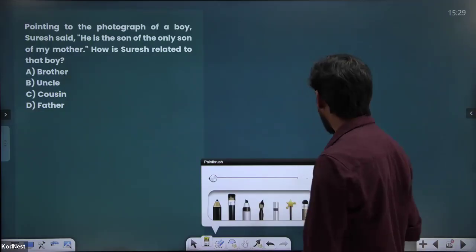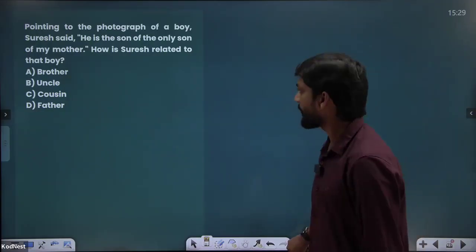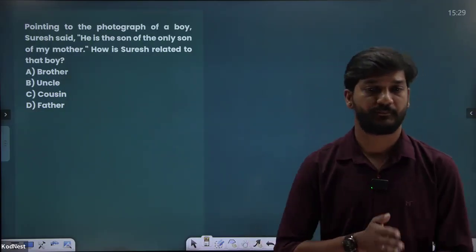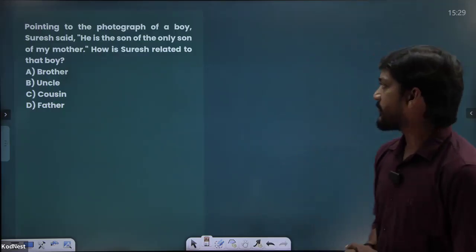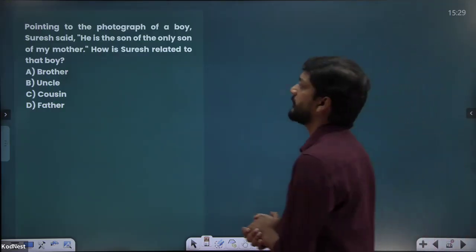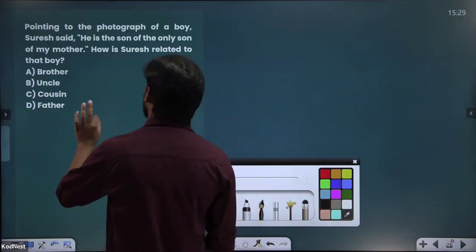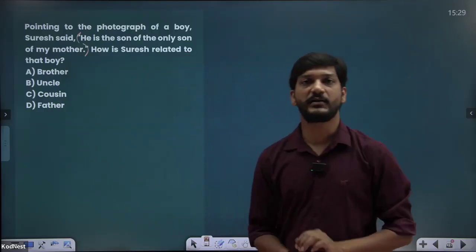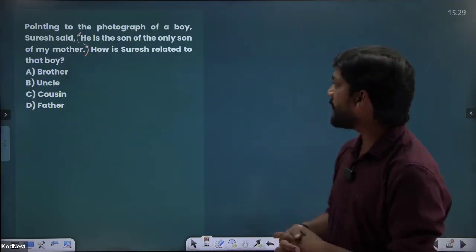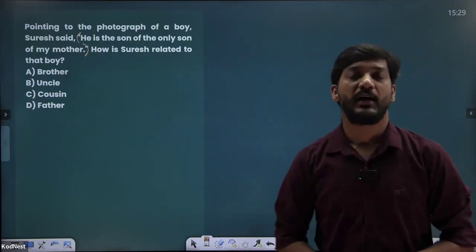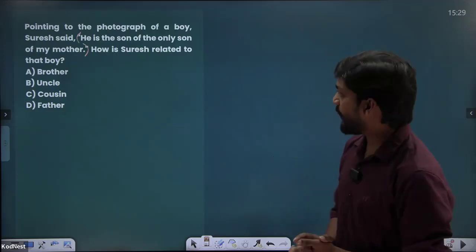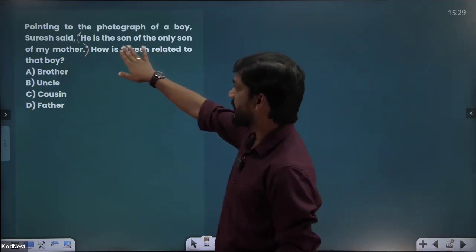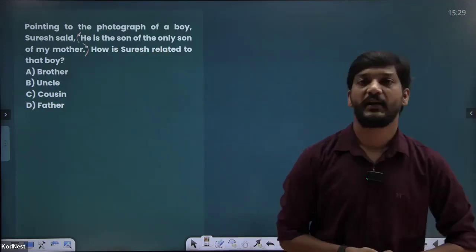All right. Please take the next question. So starting with the first question, one person will make a statement. That statement we have to understand. Based on the understanding, we have to draw the diagram. And from the diagram, we have to find how is Suresh related with the boy.